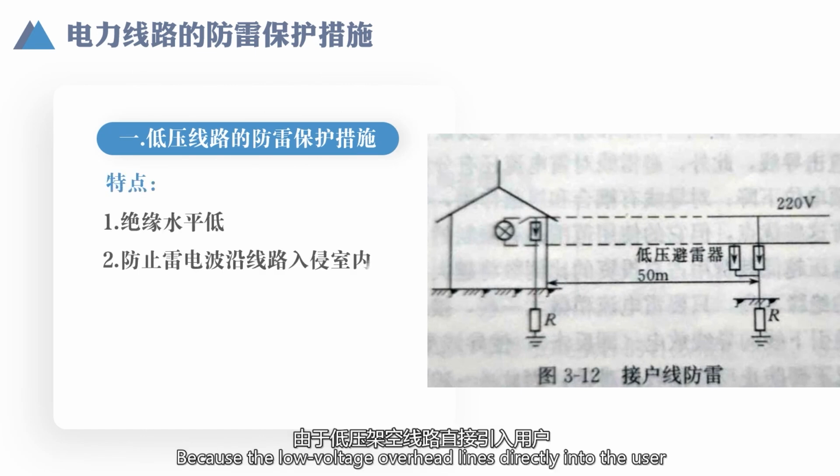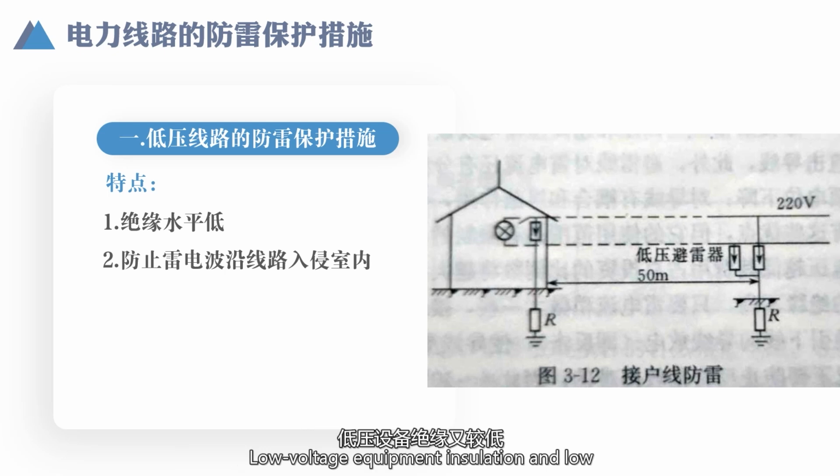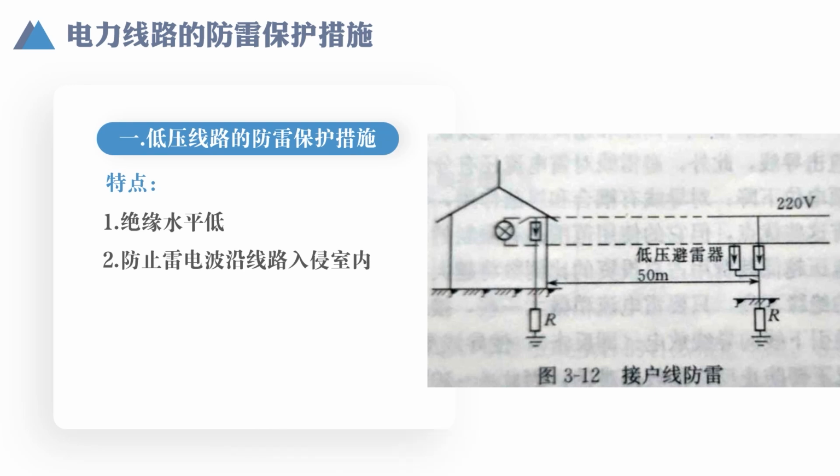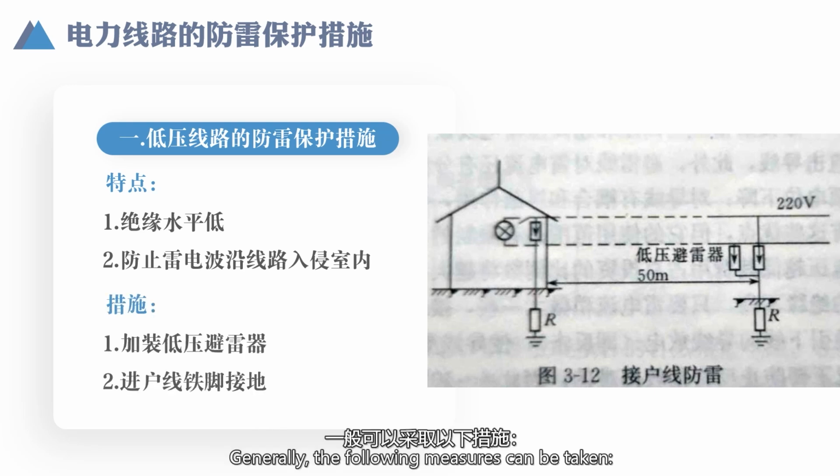Because low voltage overhead lines go directly into the user's premises, low voltage equipment insulation is relatively low, and people have more opportunities to make contact. Therefore, we must prevent lightning from entering the house along the low voltage lines. Generally, the following measures can be taken.